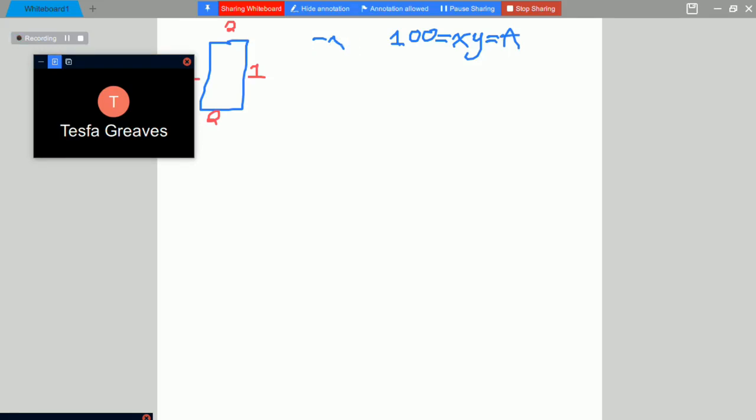So using that information, if we divide both sides by x, we get that 100 over x is equal to y.